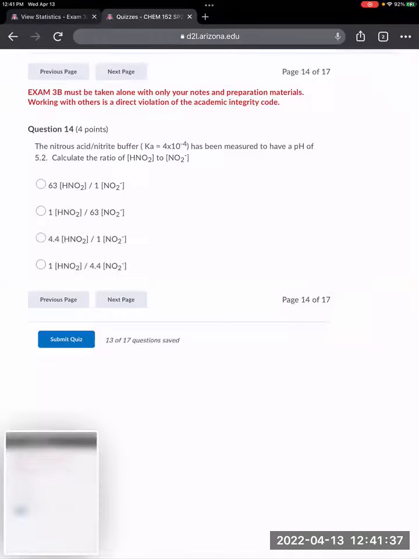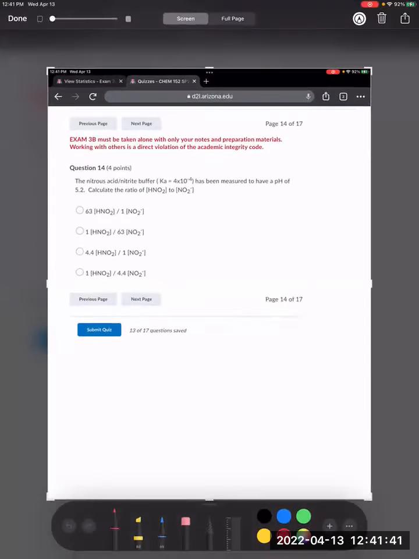Now, this question is about a buffer. Whenever we are dealing with a buffer calculation, we know that we use the Henderson-Hasselbalch equation, which is pH equal to pKa plus log of conjugate base concentration over weak acid concentration.